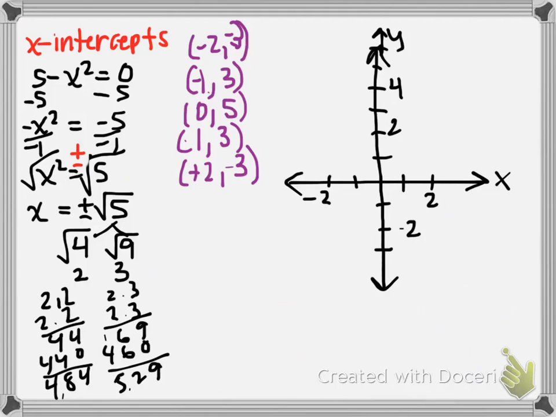So we're at negative 2, negative 3. We're at negative 1, 3. We're at 0, 5. We're at 1, 3. And we're at 2, negative 3.